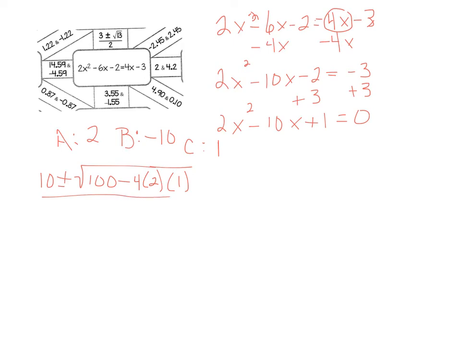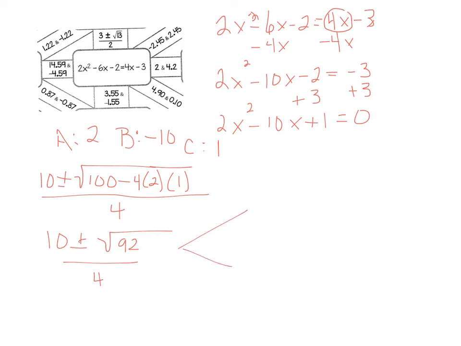Whole thing over 2a, which is going to be 4. So I'm going to have 10 plus or minus the square root of 4 times 2 times 1 is going to be minus 8. 100 minus 8 is going to be square root 92 over 4.